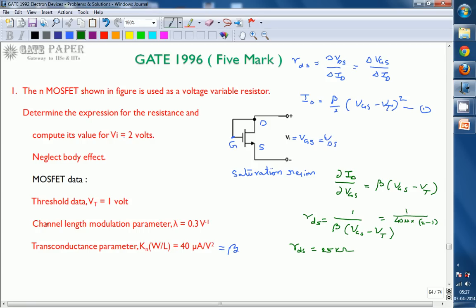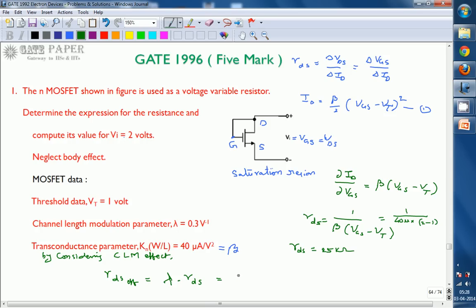But if you consider the channel length modulation effect, that is lambda, RDS effective is equal to lambda times RDS.